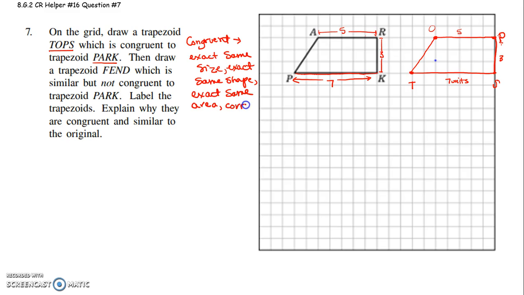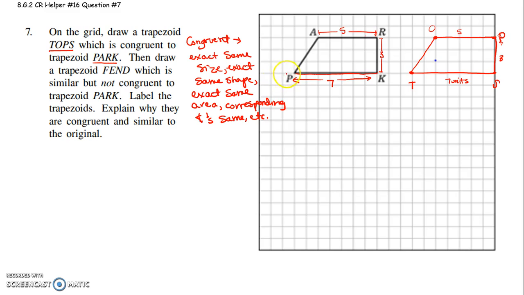Corresponding angles match. Etc., etc. It's all of those properties, when we talked about rigid motions, translations, reflections, rotations, area remains the same. Corresponding angles remain the same. Distance remains the same. Perimeter remains the same. Area remains the same. So those are congruent figures.